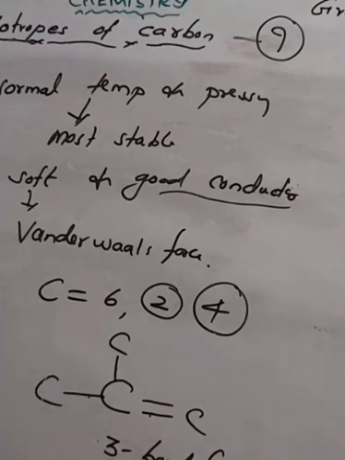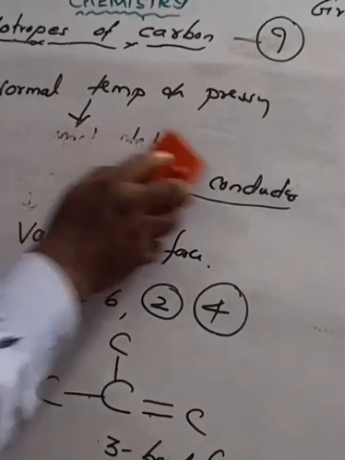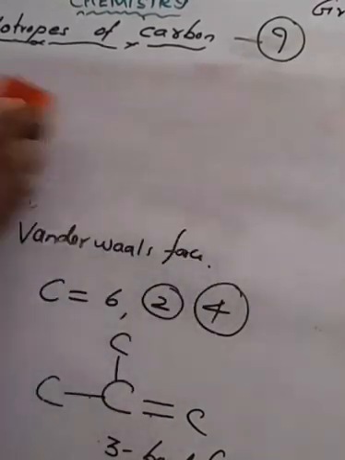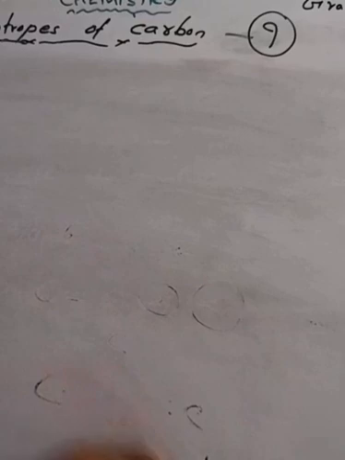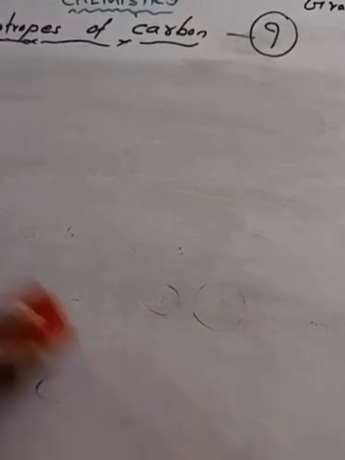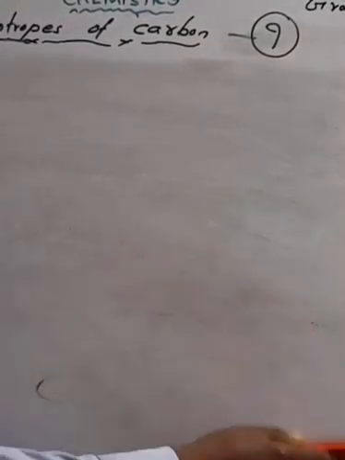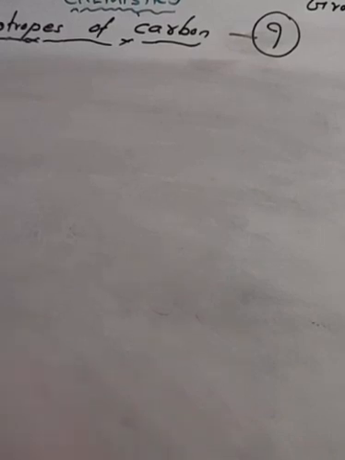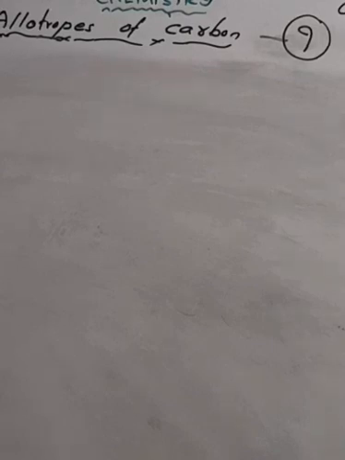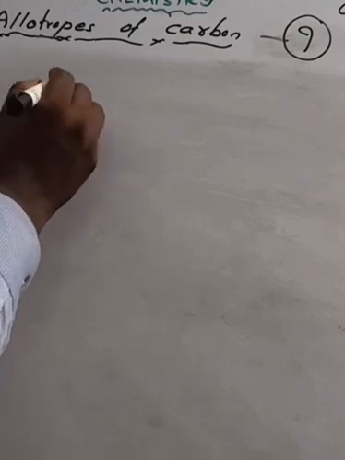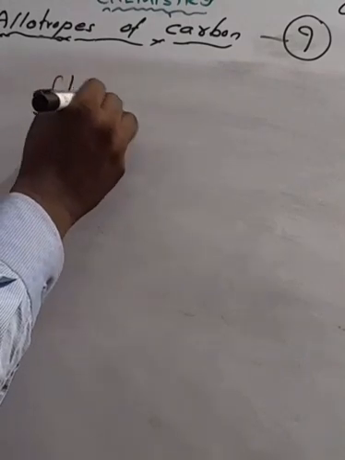We can discuss that, am I right? Here, graphite is soft. What's the reason? The carbon layers are held by van der Waals force. And one more important point: it is composed of flat two-dimensional sheets of carbon atoms.